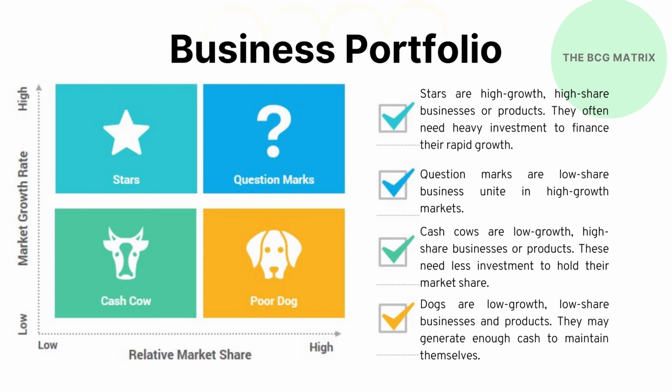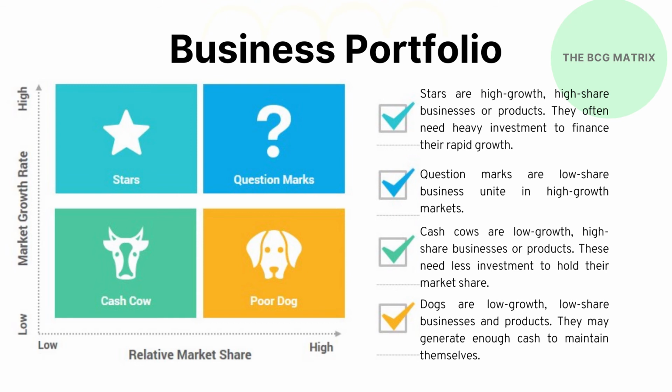So on the vertical axis, market growth rate provides a measure of market attractiveness, how attractive it is for the market. On the horizontal axis, relative market share serves as a measure of company strength in the market. So how strong my company is with that product in the market. By dividing the growth share matrix as indicated, 4 products can be identified.